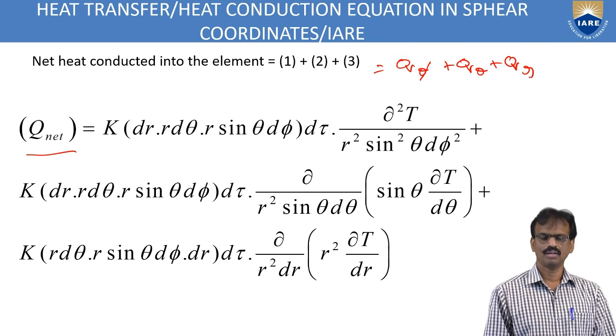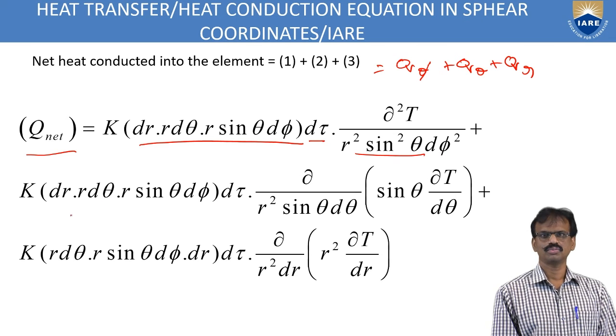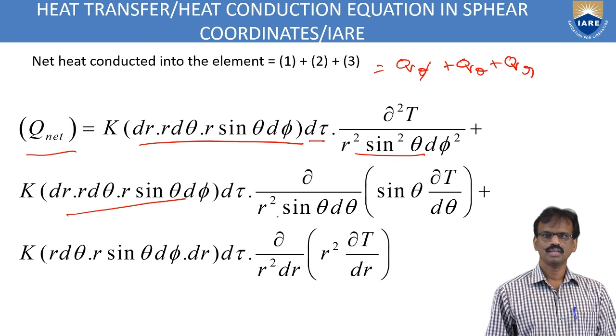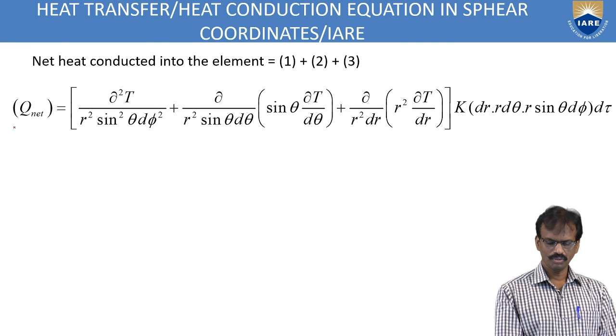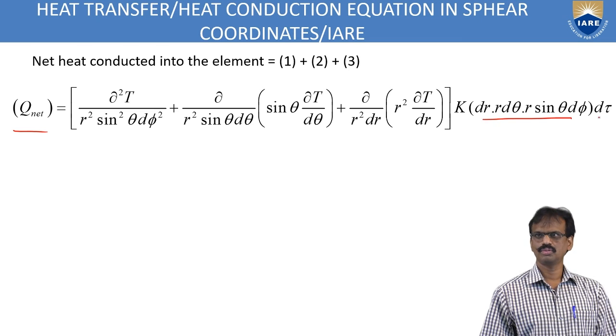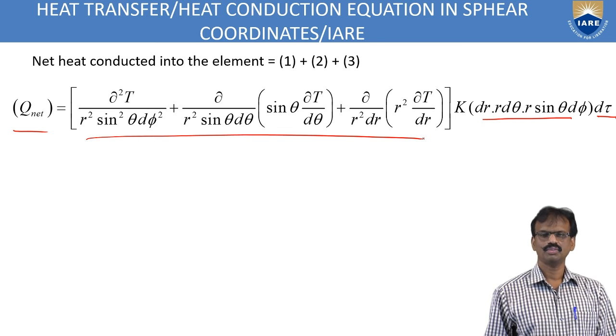Okay, so add all the terms: k into volume into d tau into dou square t by r square into sin square theta into dou pi square. So common term here also, common volume. So in three cases we see the common volume, so can take the volume under k, and d tau also common term. So then q net is equal to k into volume into d tau. So this is the common value. Then remaining, this is the value. Okay. This is the q net.